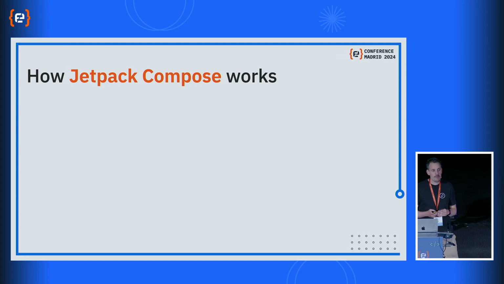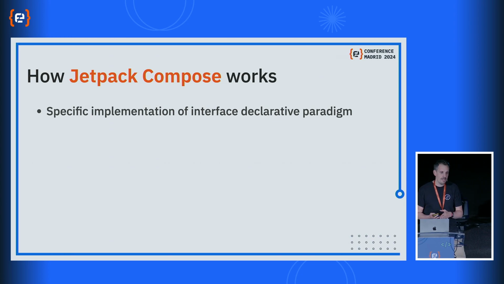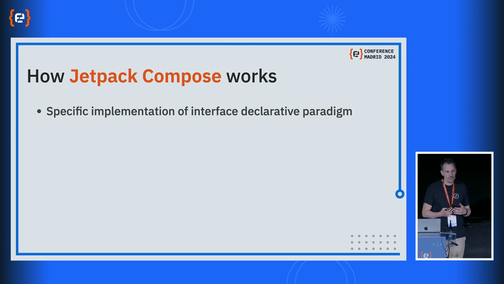But how does Jetpack Compose work in particular when compared with similar technologies? The first thing is that Jetpack Compose, as I mentioned, is a specific implementation of the declarative UI paradigm. It was developed for Android, but with the idea that it could be easy to extend, and nowadays it is also used for Kotlin Multiplatform.